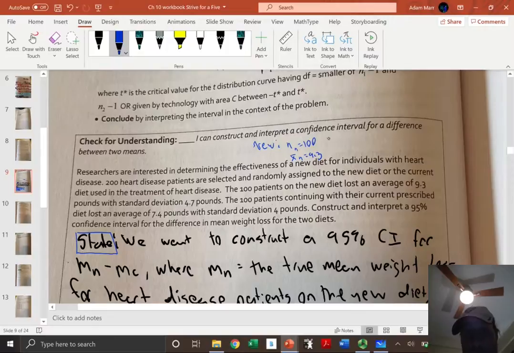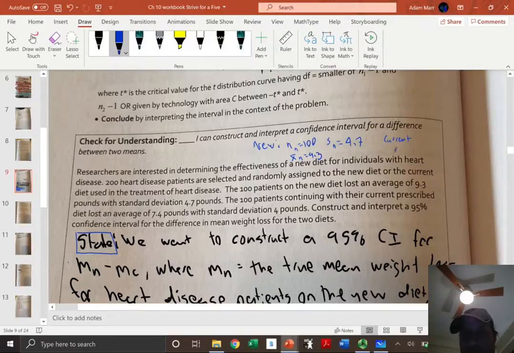That's a sample standard deviation, so it's s of n, and this equals 4.7, right? No problem. Now, the 100 patients continue with their current diet. The current prescribed diet lost an average of 7.4 pounds, standard deviation of 4 pounds. No problem. So let's call that the current one.